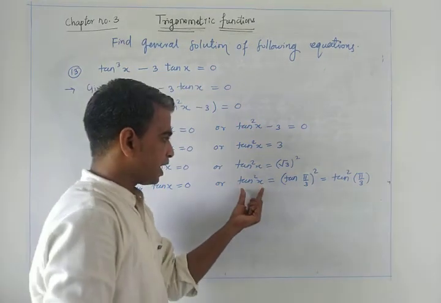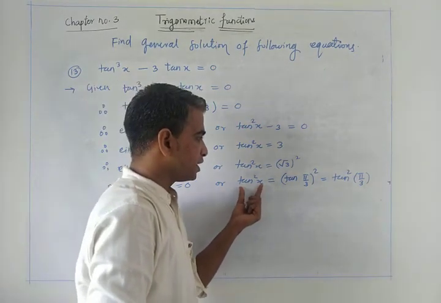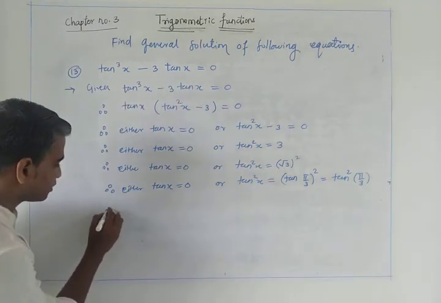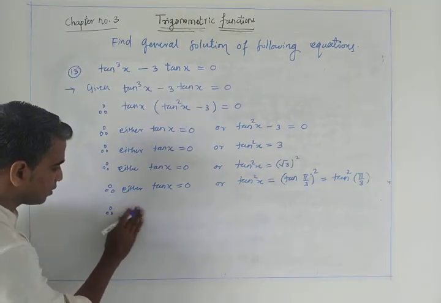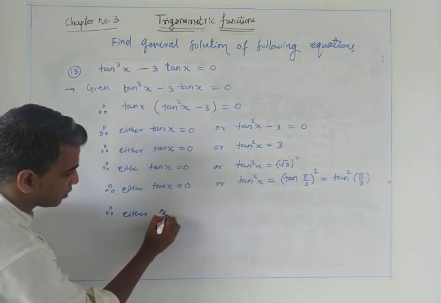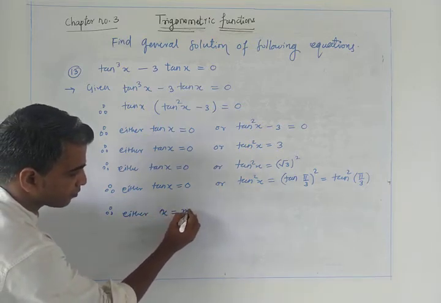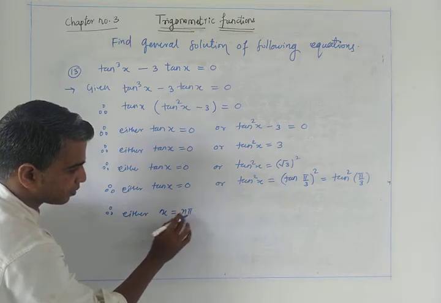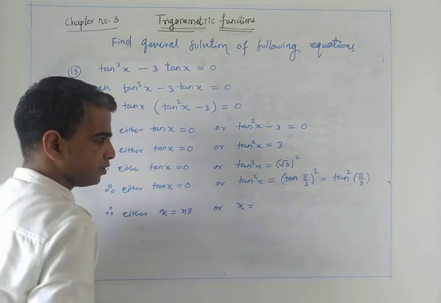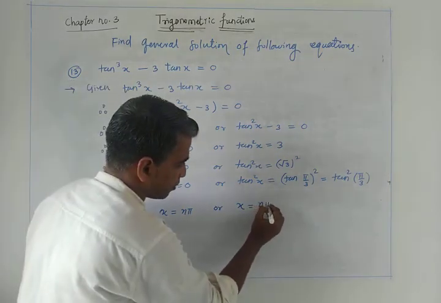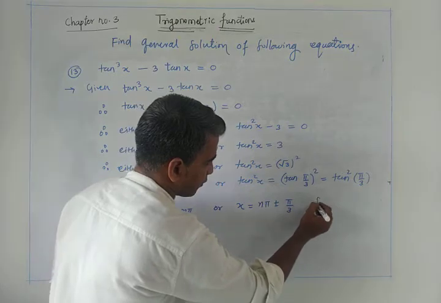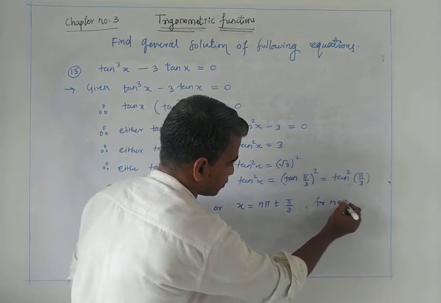And this is the question tan square x, that is tan square theta is equal to tan square alpha. So we will get the solution x is equal to n pi or x is equal to n pi plus minus alpha, that is pi by 3, for n belonging to Z.